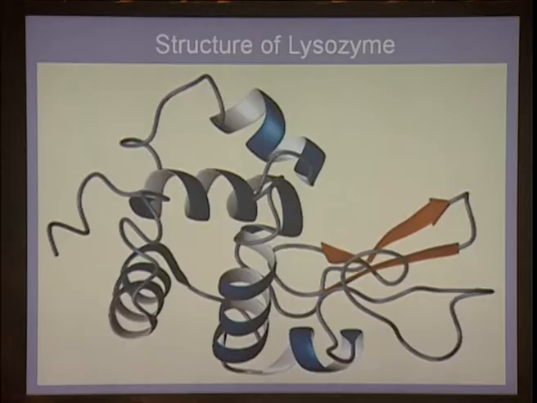So, the starting molecule is the lysozyme. The lysozyme is a unique protein or an enzyme which is produced from the tears. It is present in the saliva, it is also present in the mother's milk, and this lysozyme is mammalian in origin and it degrades bacterial cell wall.